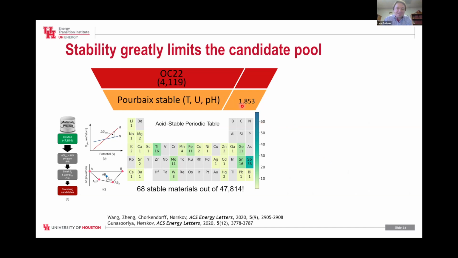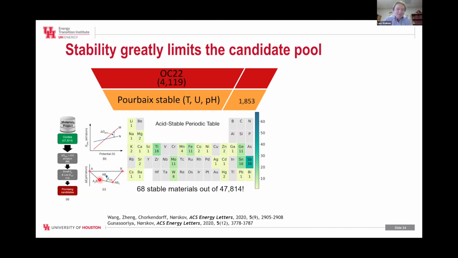I think it's like 65% of the candidates can no longer be considered because they're completely unstable under these conditions. And we're not alone. There are 2 other papers, both in ACS Energy Letters, that looked at stability for acid stable oxygen evolution, and also looked at the poor base stability as well as the energy above hull.